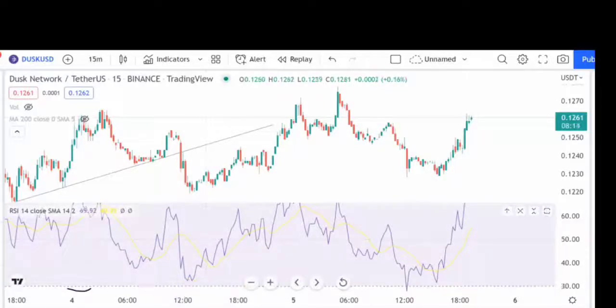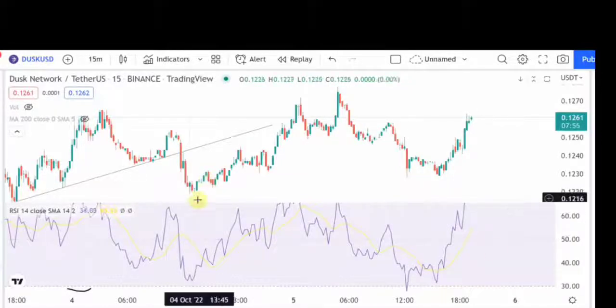Whenever it touches the lower band here, it calls for what? It calls for long.